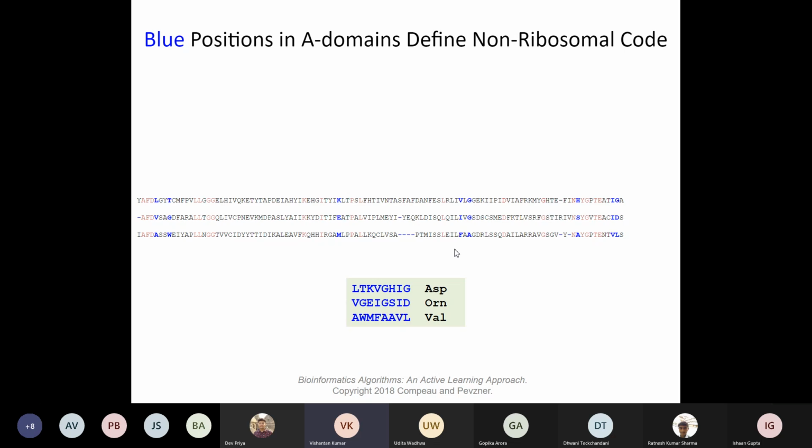I didn't get how these LTKVG help in adding aspartic acid or ornithine or valine. I'm not going to go into how it does that. It's structural. Imagine that this particular domain folds in a three-dimensional structure, and that structure essentially touches the amino acid that it adds to the growing peptide chain using these 8 locations.